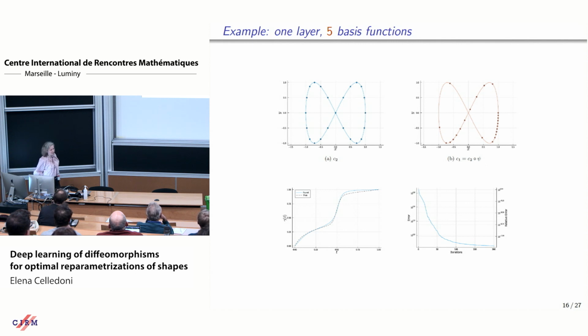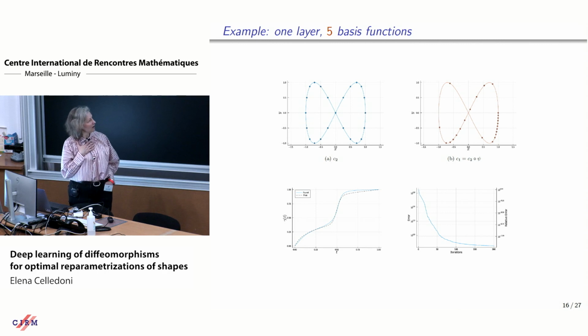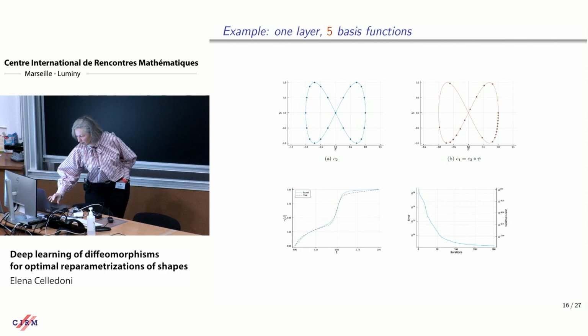Finding the optimal reparametrization means just reproducing that. It's a simple experiment, but it's good for testing our code. If we use only one layer and five basis functions, I don't remember which basis we used here, then you see that the approximation you get is given here, and is not perfect.